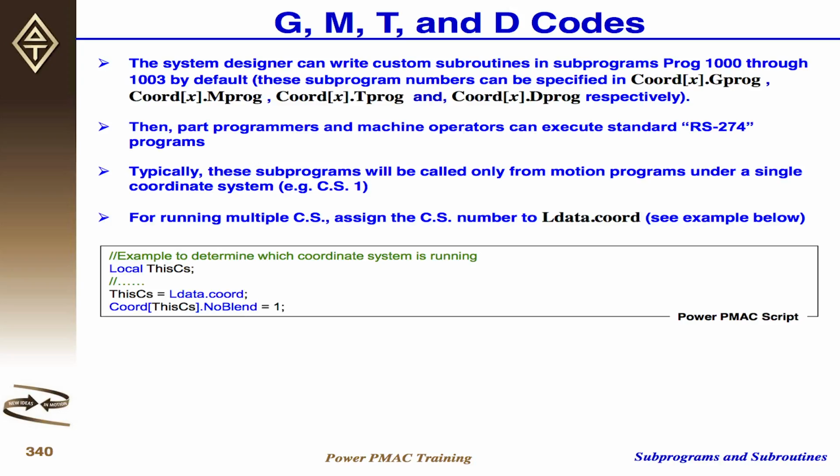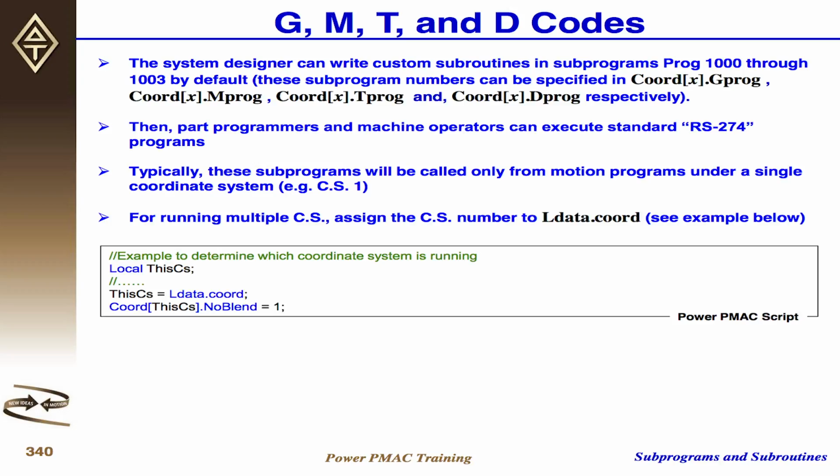So in your CAD/CAM program, there are many different CAD/CAM programs, right? They will output the code, and some of them are not standard. But you can adjust the Power PMac to accept that code.